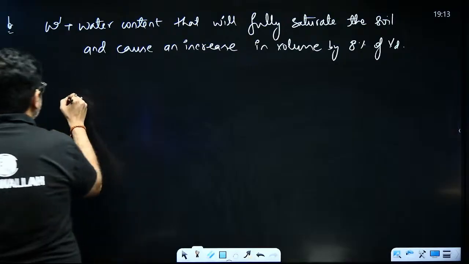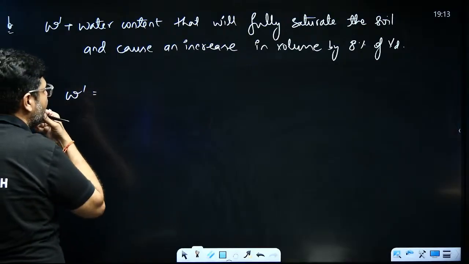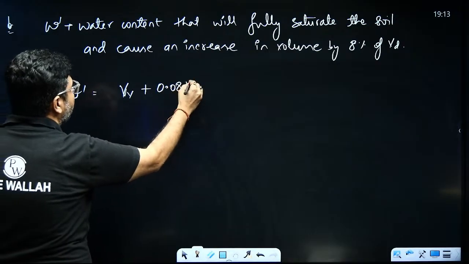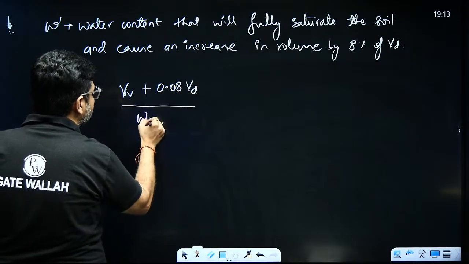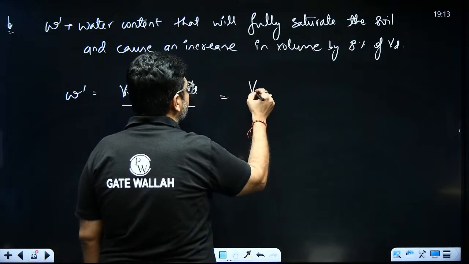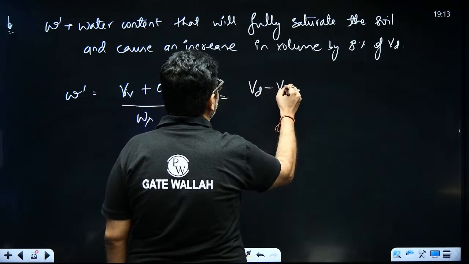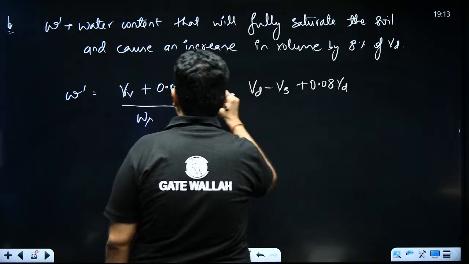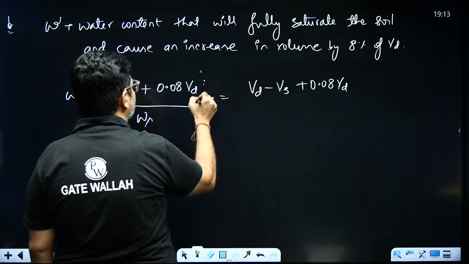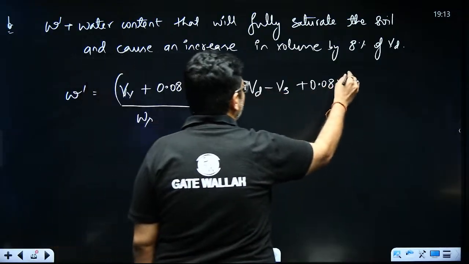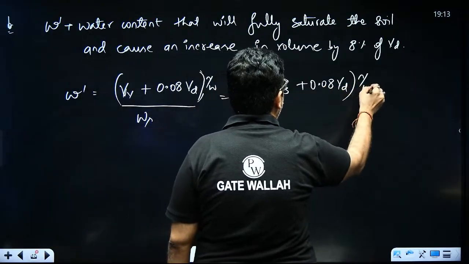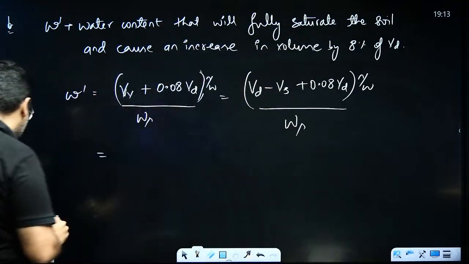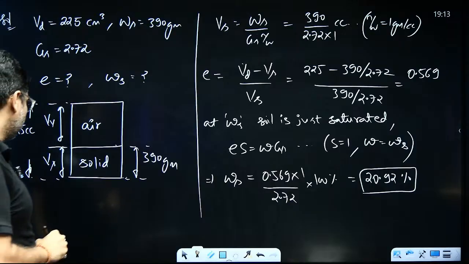Therefore, W dash will be equal to what? Weight of water will be Vv plus 0.08 times VD, into gamma W, upon weight of solids. Vv is VD minus Vs. VD is 225 cc.